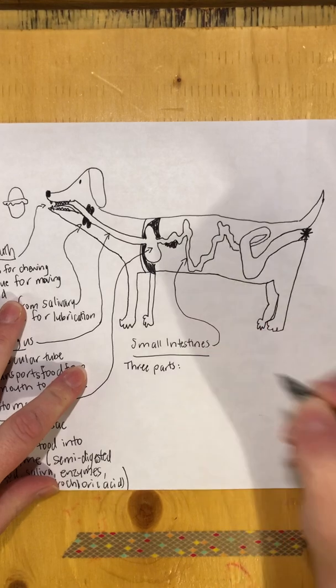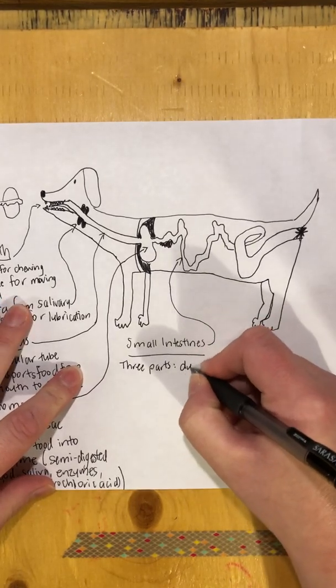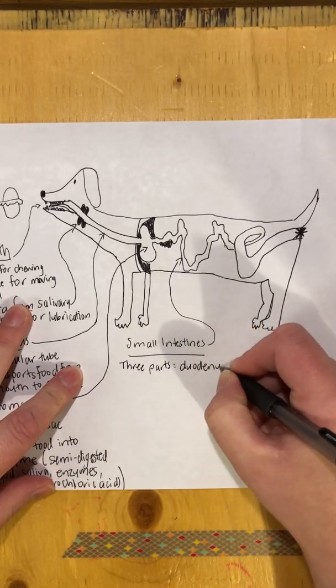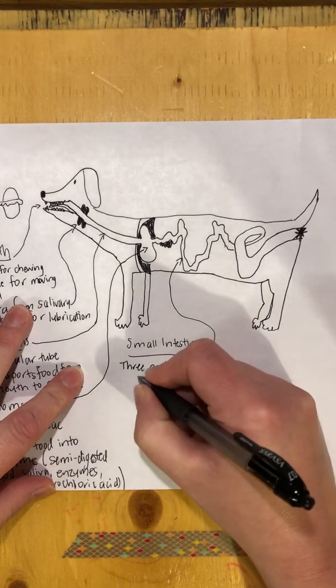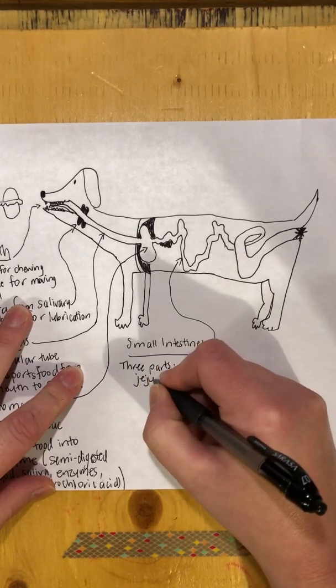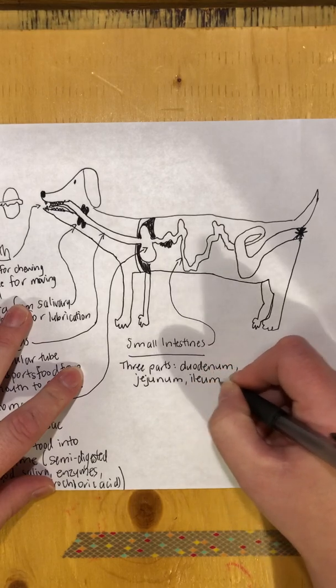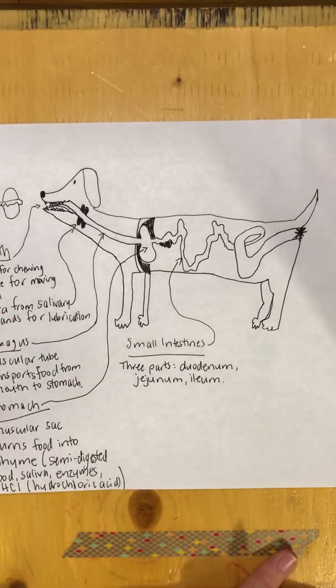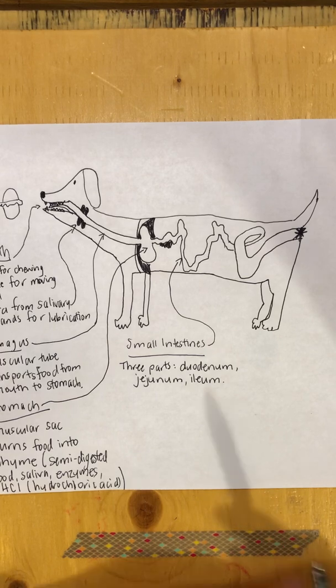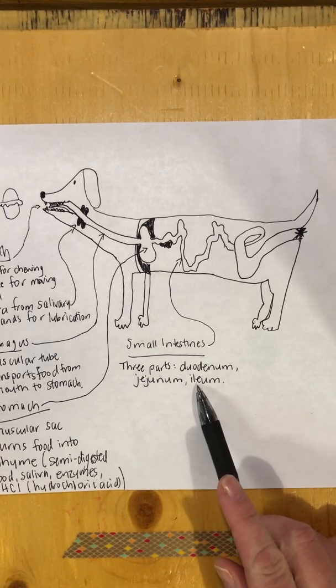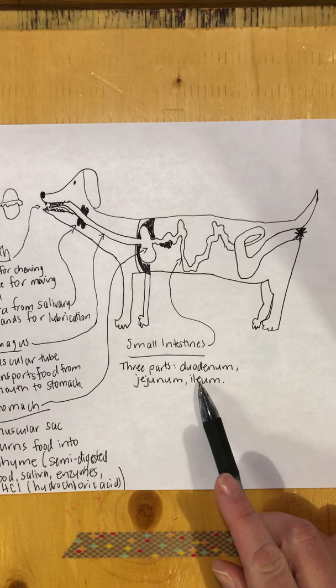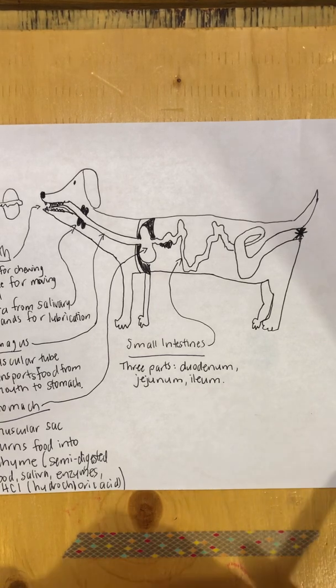So there are 3 parts to the small intestine. There is the duodenum, the jejunum, and the ileum. So make sure you know how to spell all 3 of these parts. Remember that ileum, if it's spelt with an I instead of an E, is referring to the hip bone, right?